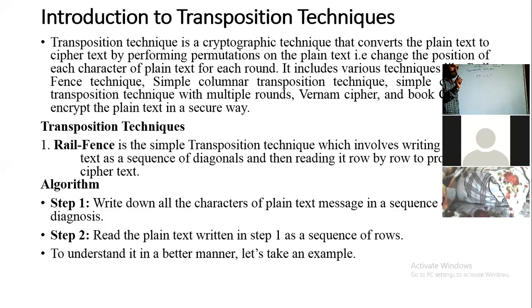We reorder or rearrange the letters of the plain text. Let us suppose we have A, B as our plain text. To convert it into cipher text, you have to rearrange these letters. That is the concept of the transposition technique.